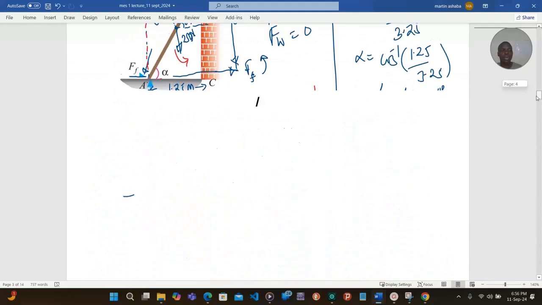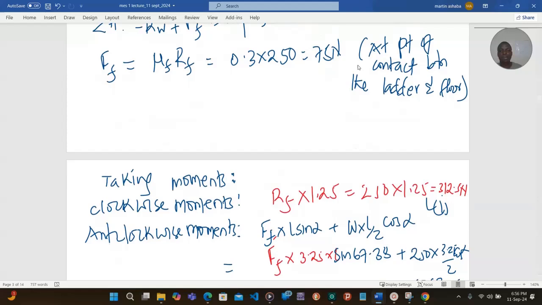The calculated value that we had in the beginning was a result of applying the static condition of mu F, RF, and at that point of contact that value is equal to 75, because the coefficient of friction is 0.3 and the RF is 250 newtons. So we have 75 newtons.